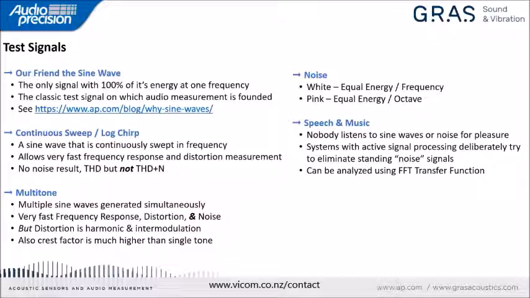With modern FFT signal processing techniques, we can actually make measurements on devices using speech or music or noise, or actually any signal, generally speaking, as long as there is energy content in that signal across a broad range of frequencies.